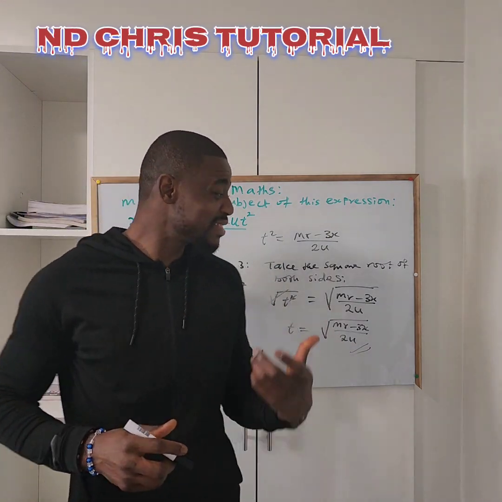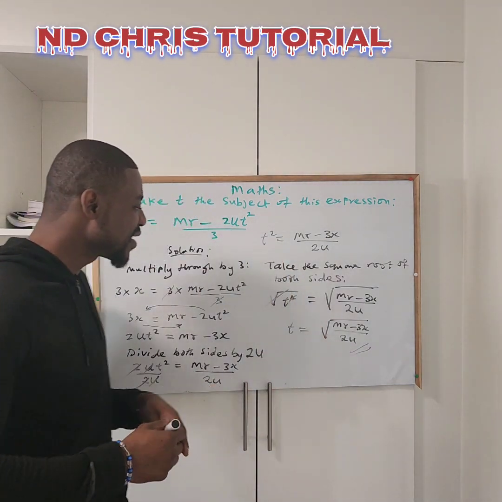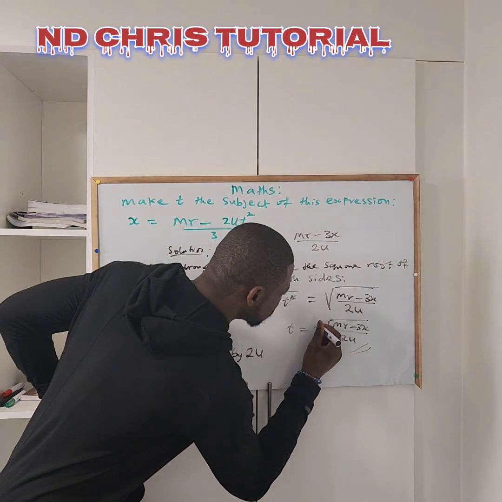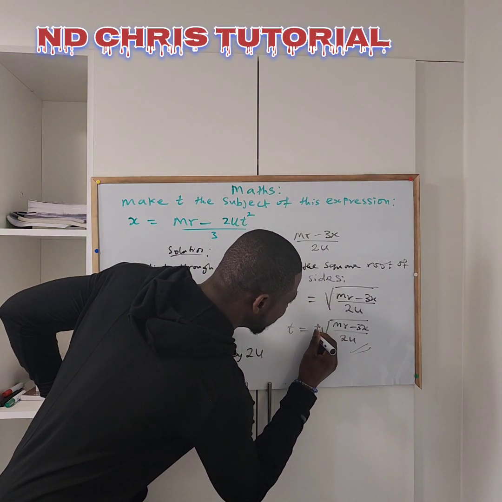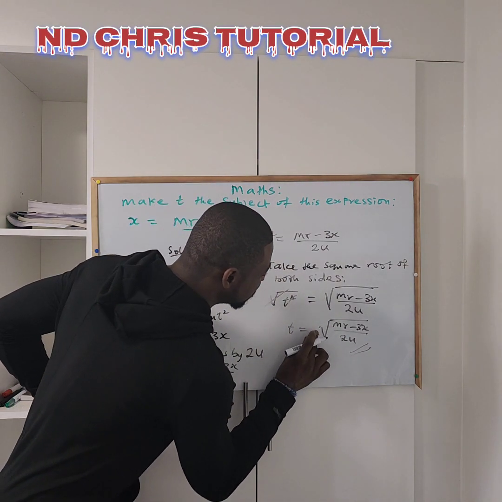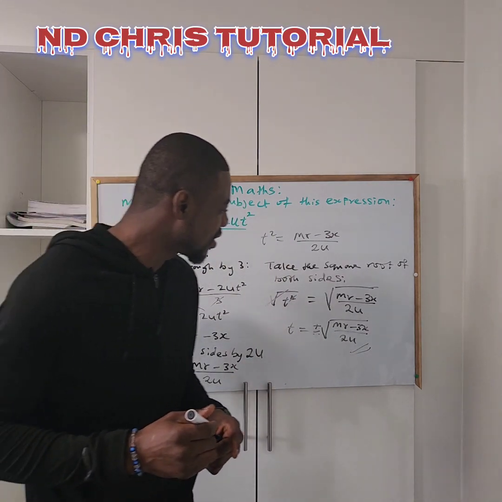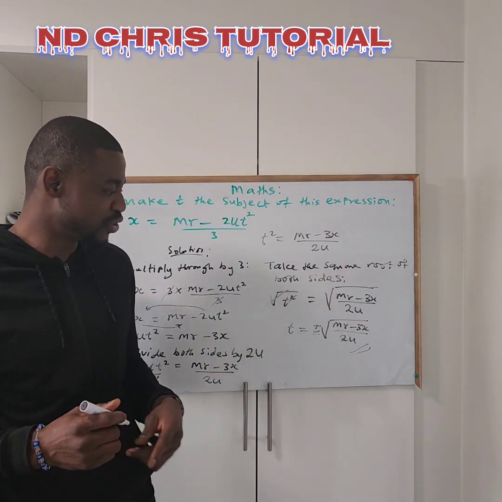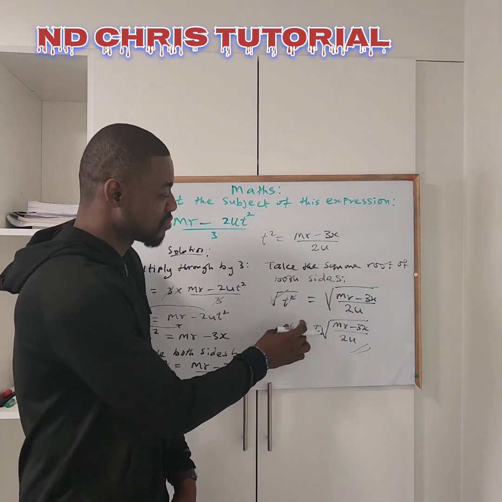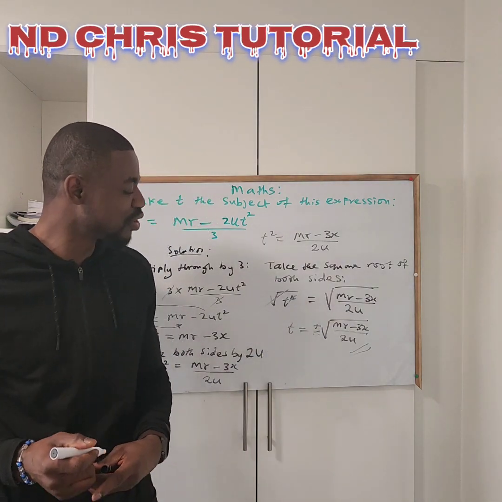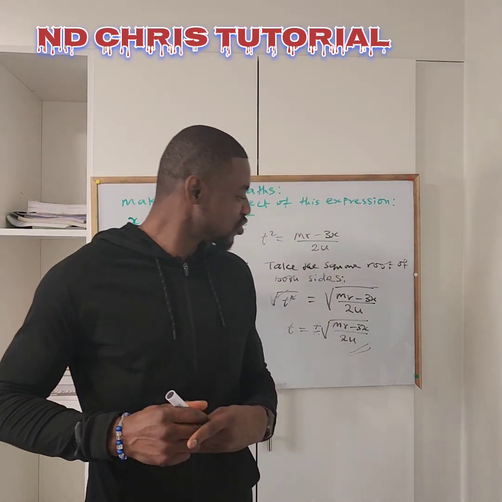However, in certain circumstances, you'll be given this as plus or minus. Always know that square root is accompanied by plus or minus. That means you have two values. Plus or minus square root of mr minus 3x all over 2u. Barring this plus or minus, the answer is still correct: t equals square root of mr minus 3x all over 2u.